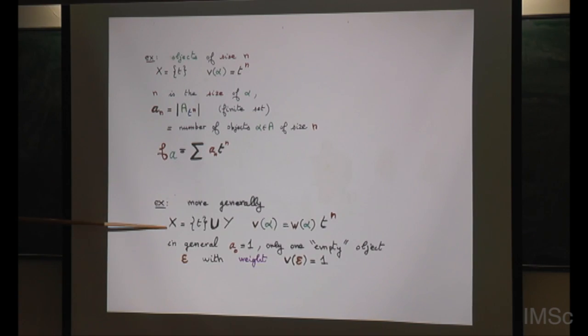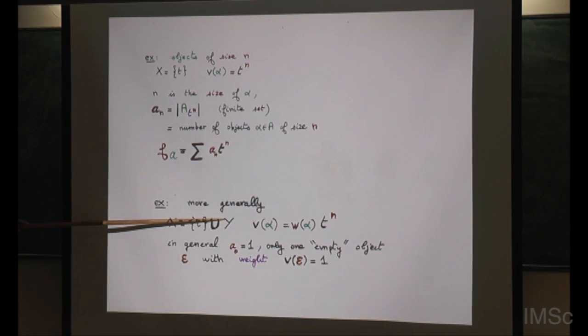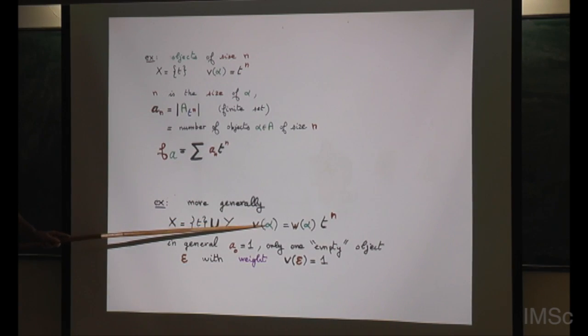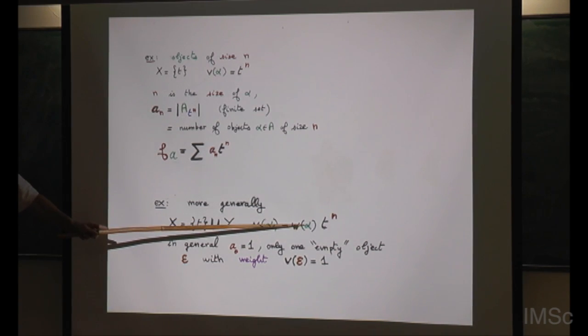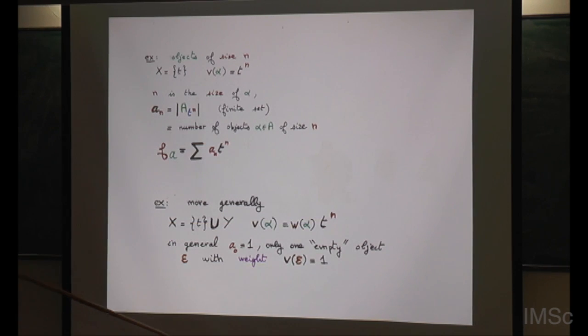And more generally, I can define this also. I have a single variable t plus some other extra variable y. So the weight of the object will be a certain weight w multiplied by t power n. And in general, I will put a_0 equal 1, since there is only one empty object.